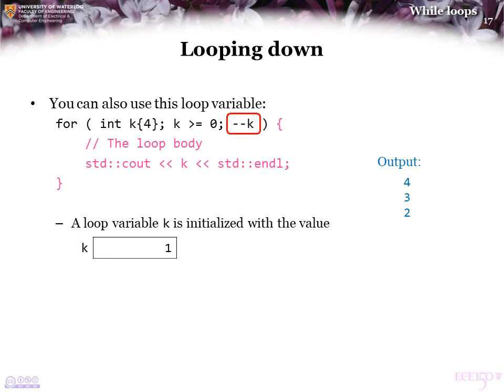The condition is true, we execute the loop body, we print the value of k, and then we decrement it. The condition is true, we print the value of k, and then once again we decrement it. At this point, k is equal to -1, so the condition, -1 greater than or equal to 0, evaluates to false, and therefore we are finished.